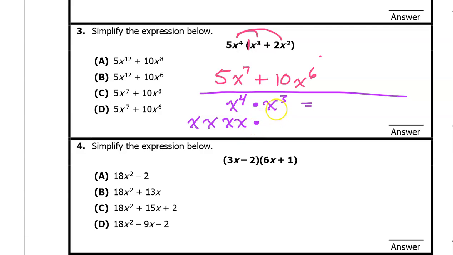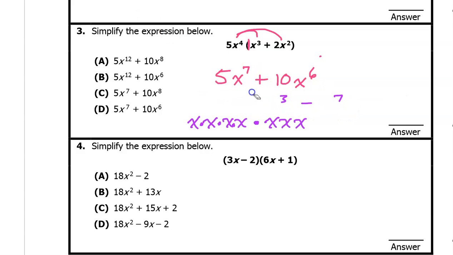And then x to the 3rd power means x times x times x. If you put that all together, we have x times x times x times x times x times x. That's 7 x's, is my point. So that's why it is x to the 7th power and not x to the 12th power. That's why we add exponents when we multiply the variables. Anyway, the answer is right here, D. The answer is D.